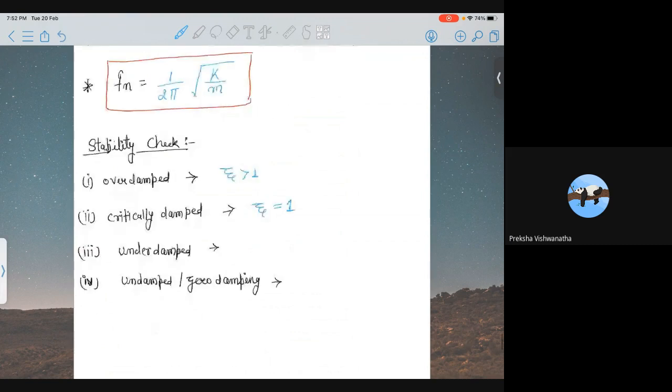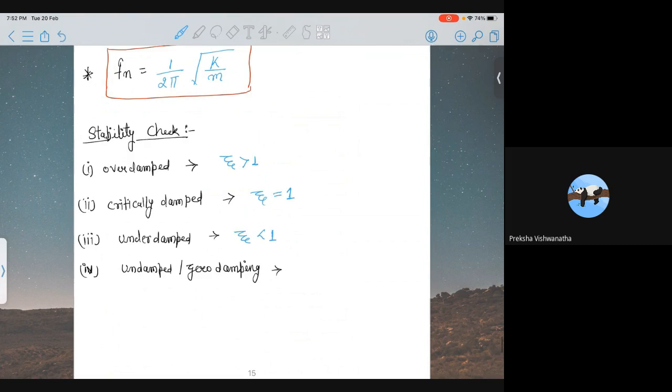Now, if the value of zeta is less than 1, then the system is called an underdamped system, and if the value of zeta is 0, this is called a zero damped system or undamped system.